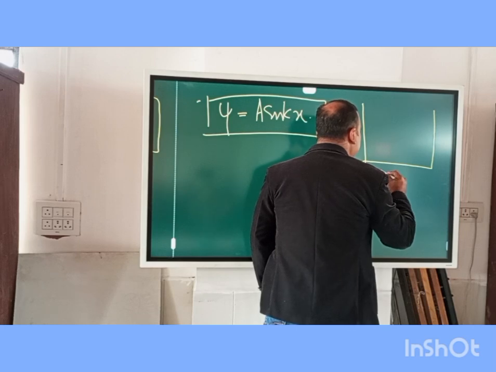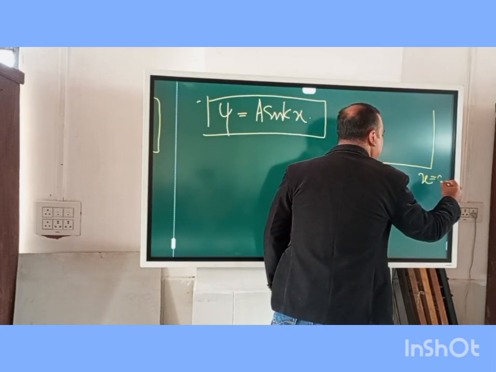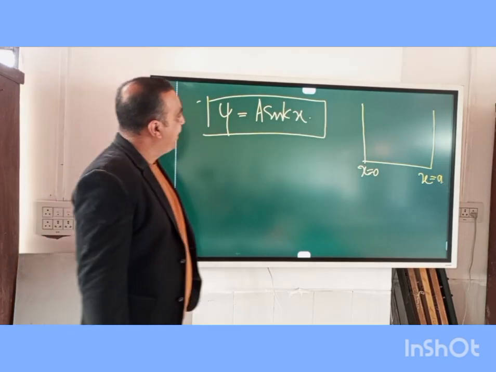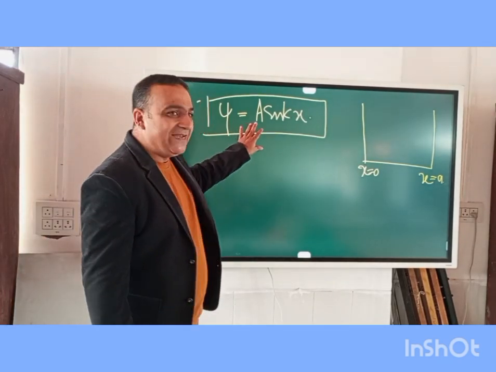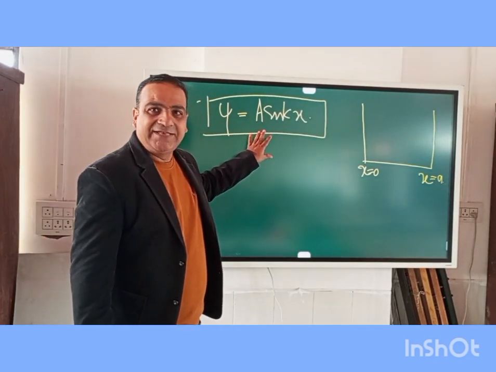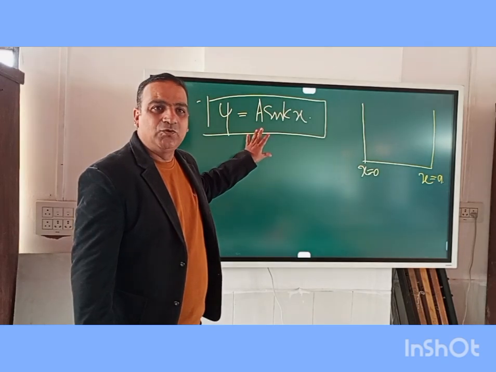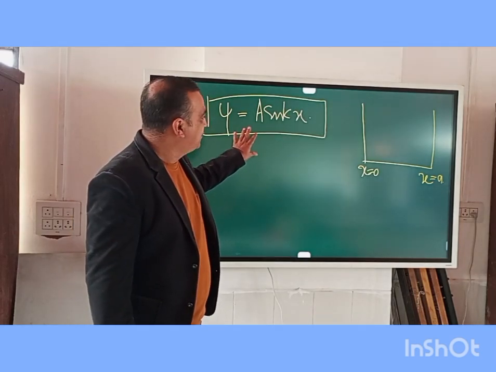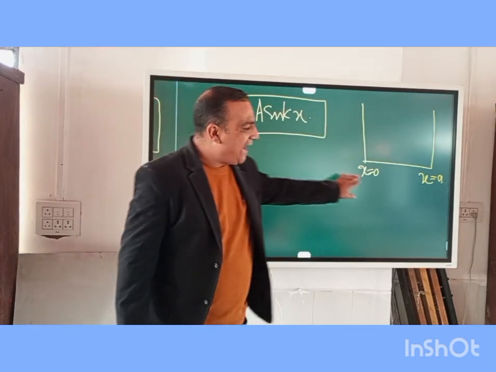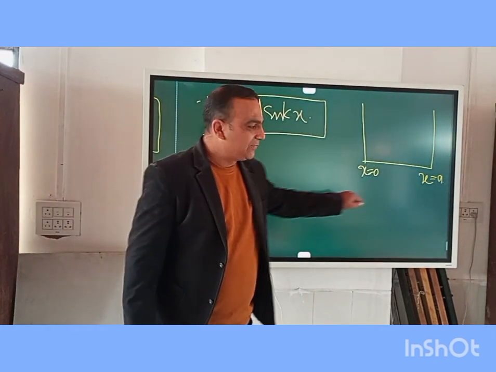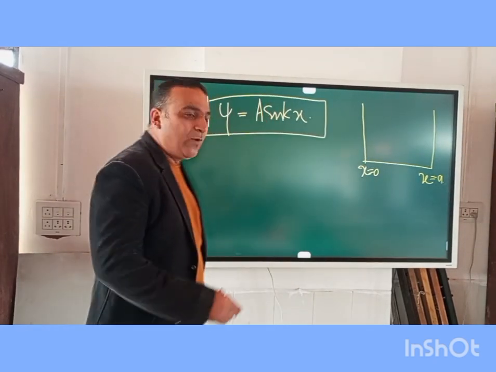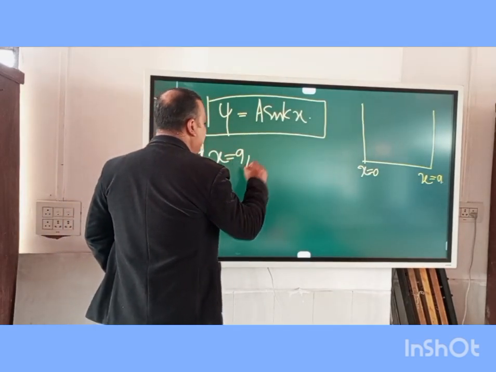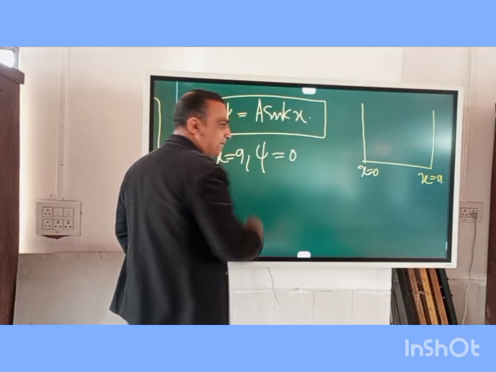Okay? So psi is a sine of kx, and your problem is like this. This is your x is equal to 0, and this is your x is equal to a. Now I would like to calculate a, and we understand that we can calculate a using the normalization condition. So let us apply another boundary condition. At x is equal to a, psi is again 0.